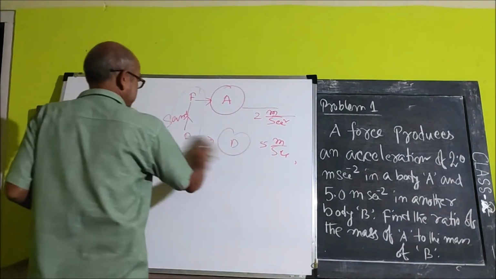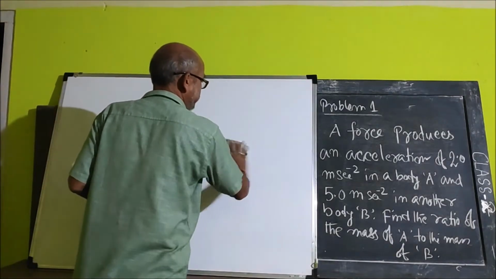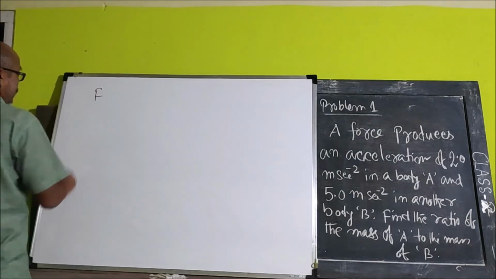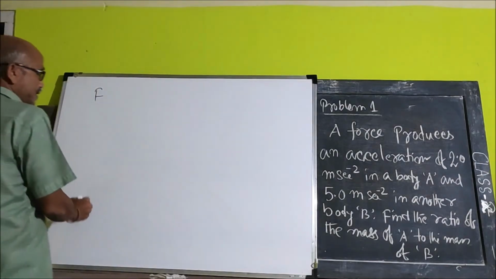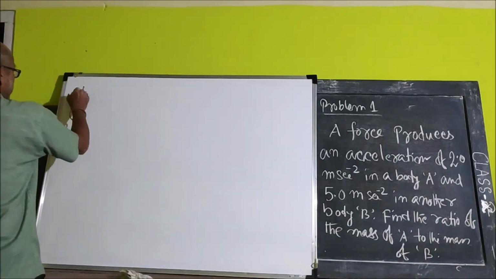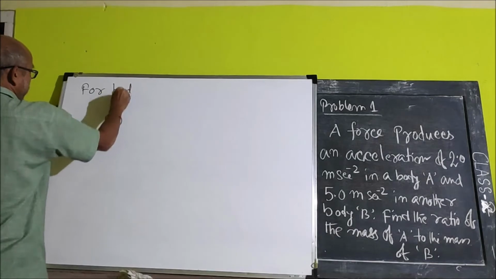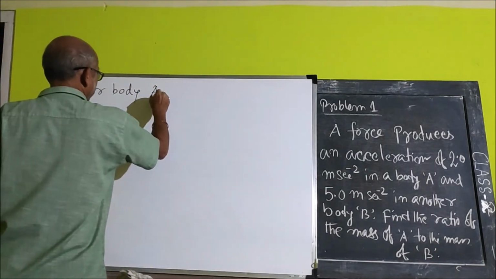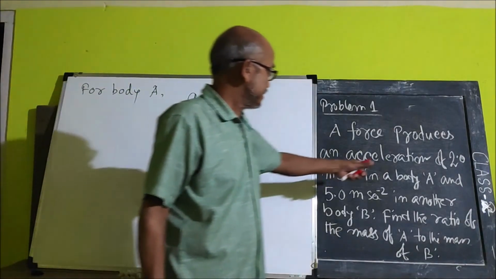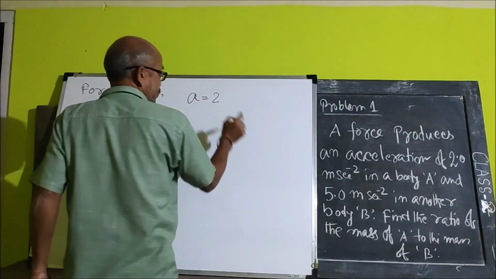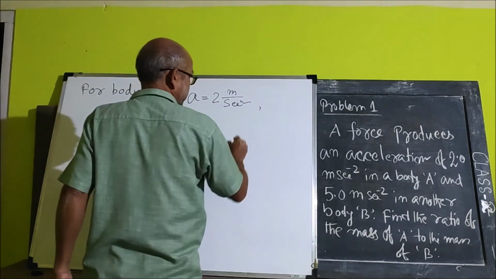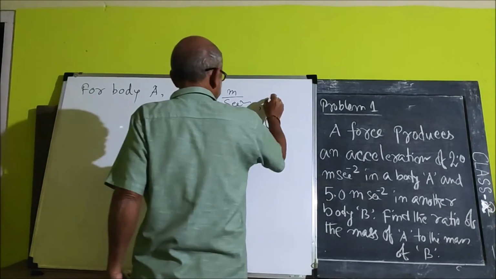So we proceed like this. For the body A, the acceleration A is 2 meter per second square, and the mass for A is not given.